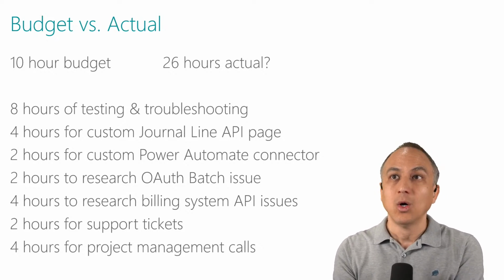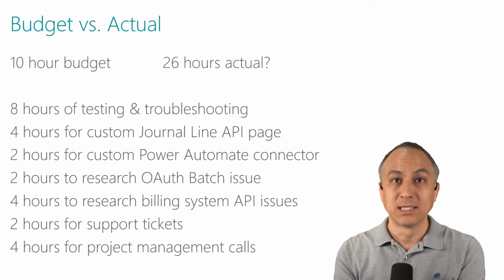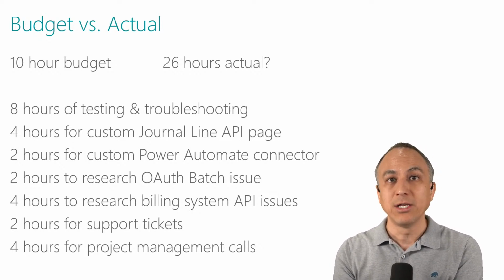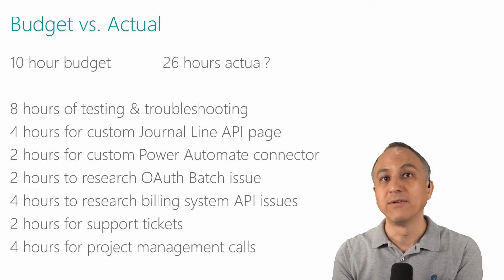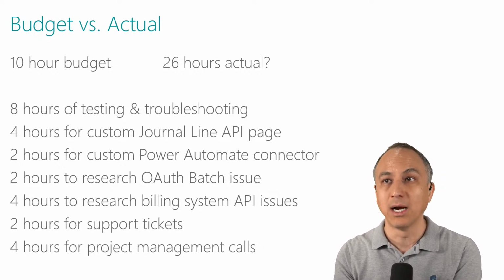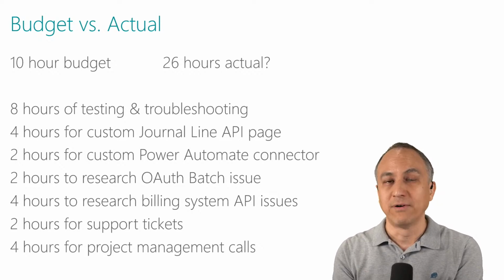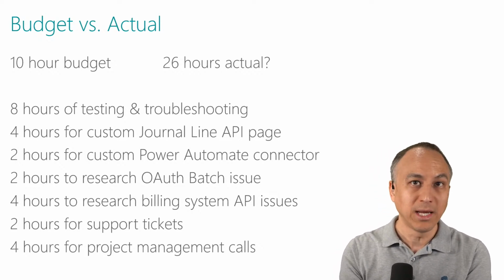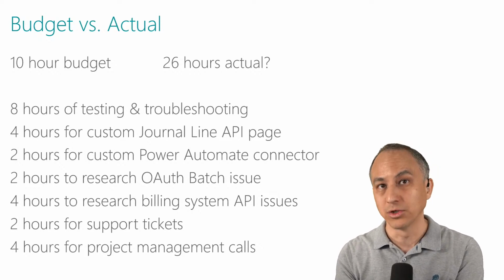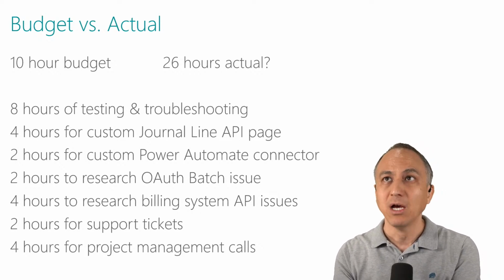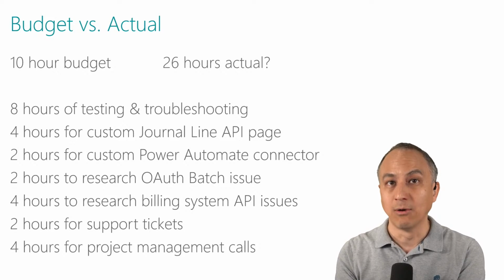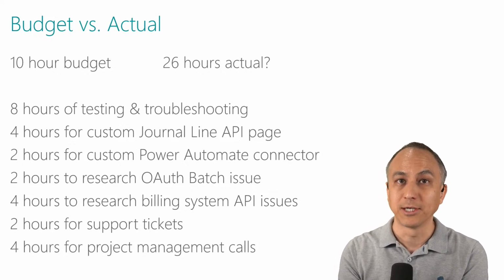Well, then you run into issues with the billing system API, 4 hours gone. And then you have support tickets for Microsoft and support tickets for the billing system, easy 2 hours gone there. Well, all this additional effort has resulted in additional project management, so you easily burn 4 hours of phone calls with the customer, internal team, developer, etc. You're at 26 hours for your 10-hour, very simple project.